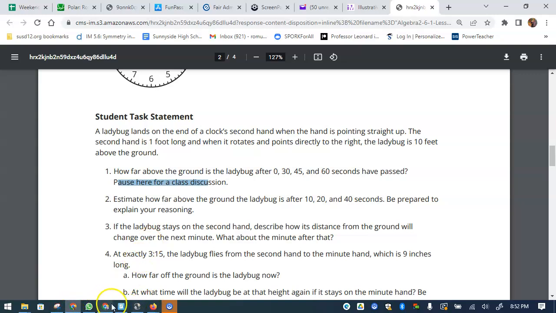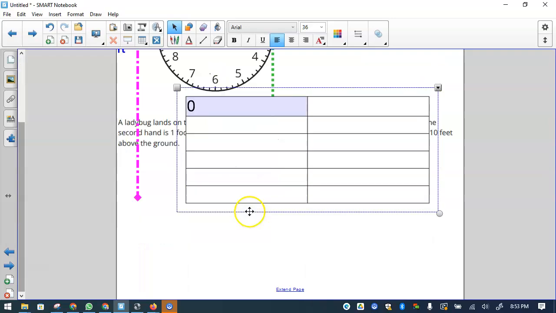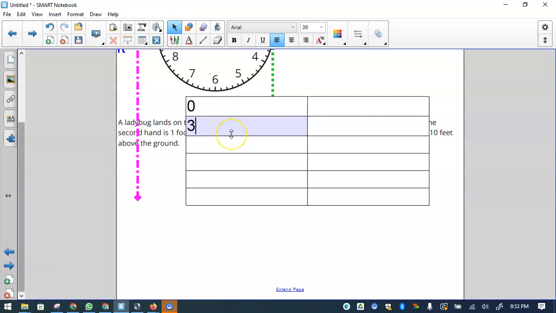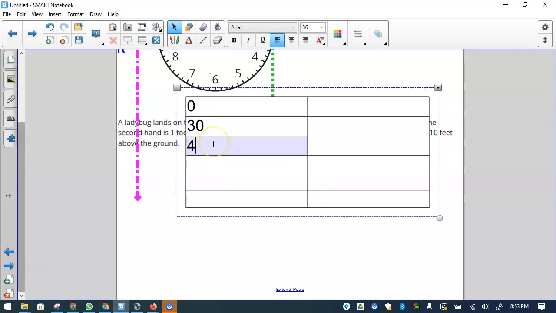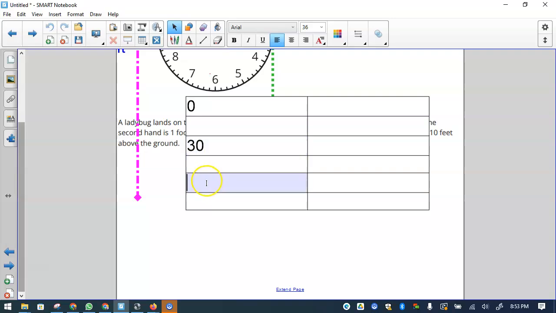So if you see there, let's go back there. So this is 0, this is 30, this is 45, and there is also 60.